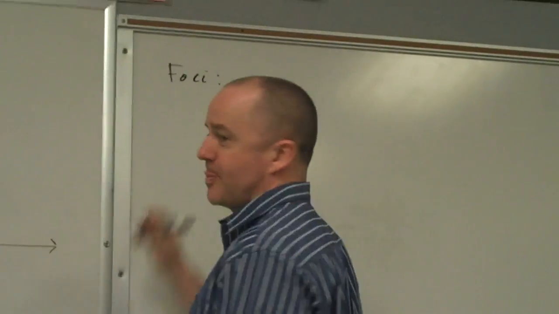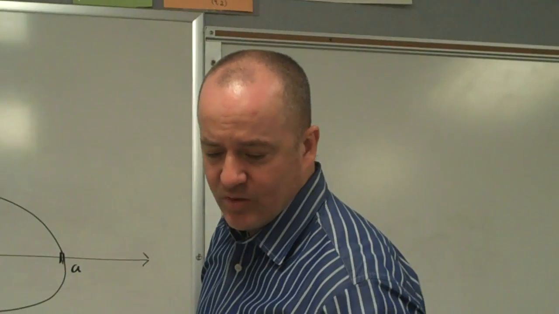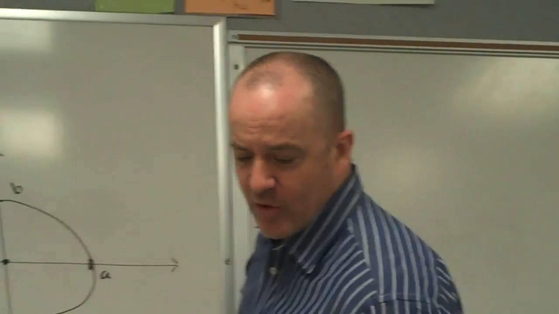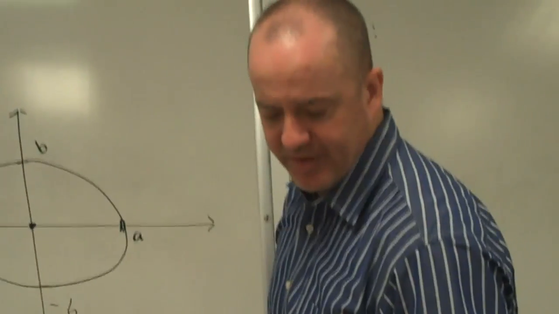The foci. The next situation you'll deal with is where are the foci of this thing. The way you find this one is very similar to something that you've seen before.